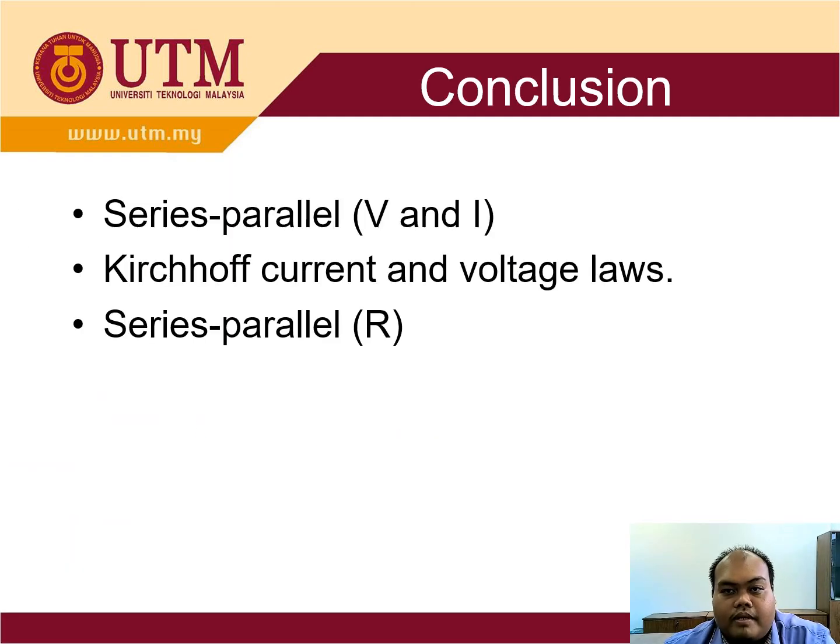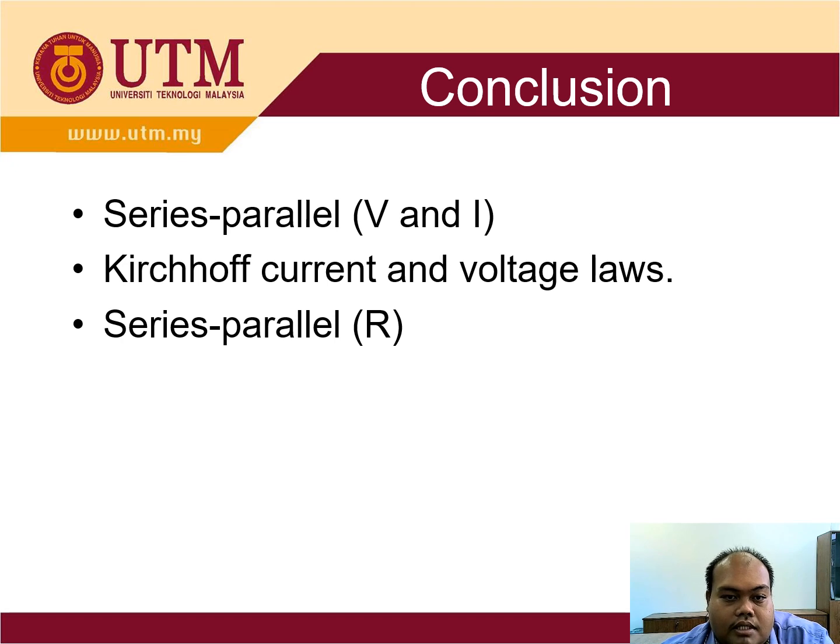Okay, we have completed chapter 1 part B. So what we can conclude is that you have learned the series and parallel part of the circuit, which includes the characteristics of V and I, how to identify series and parallel circuits, and what the voltage and current characteristics of that circuit are. Then I also included the Kirchhoff current and voltage law.